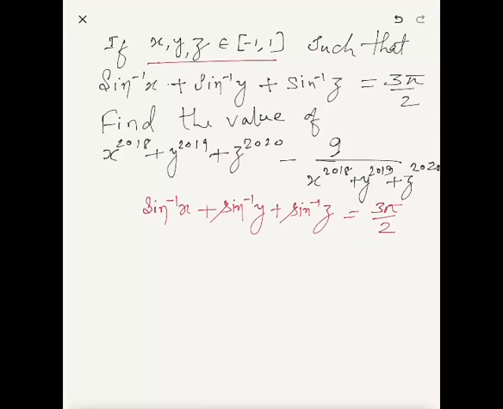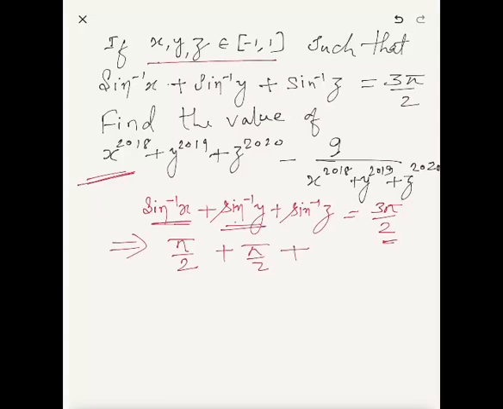Then find the value of this expression. So tell me one thing, when you will get 3 pi by 2? Only when this is equals to pi by 2, isn't it? This expression plus this expression should also be equals to pi by 2.